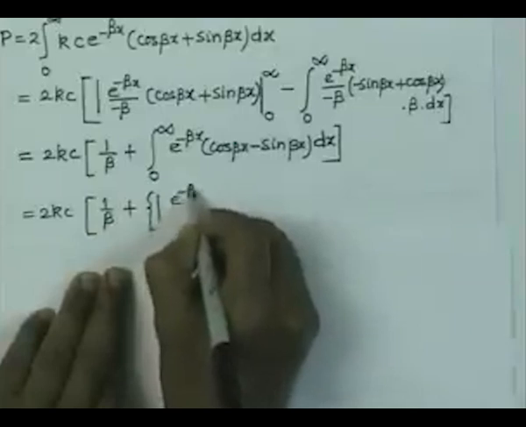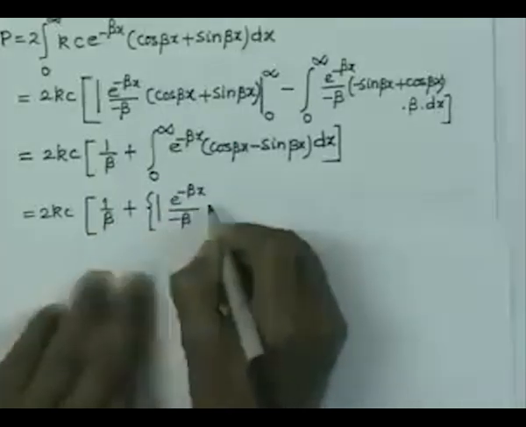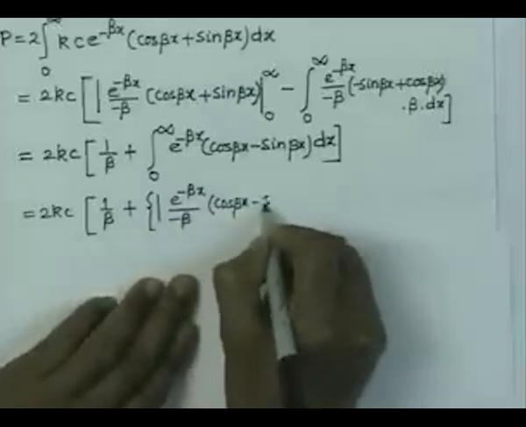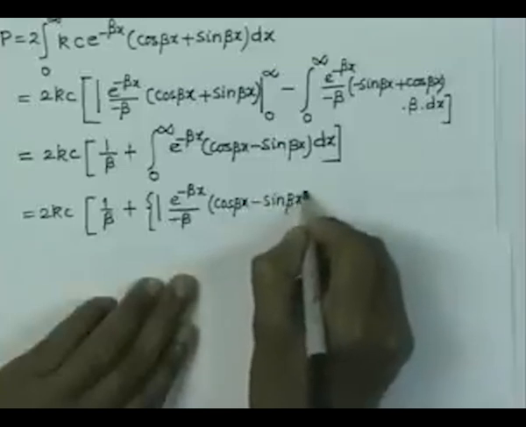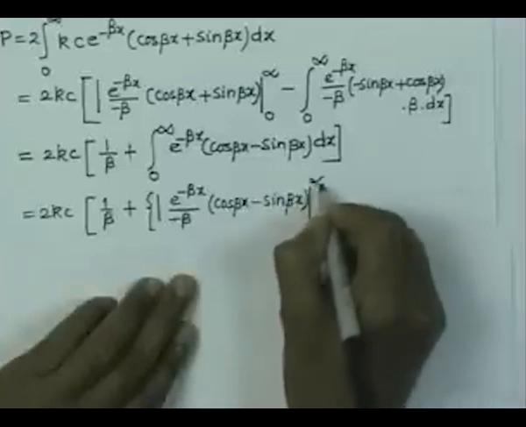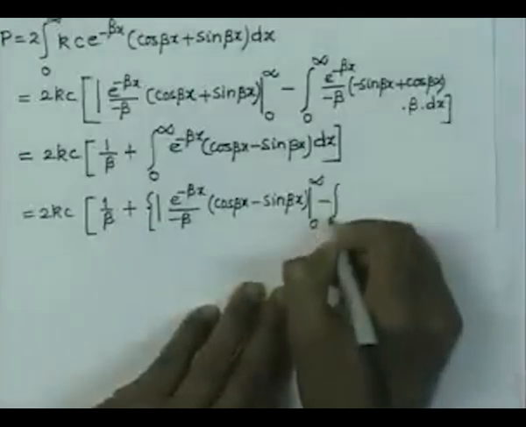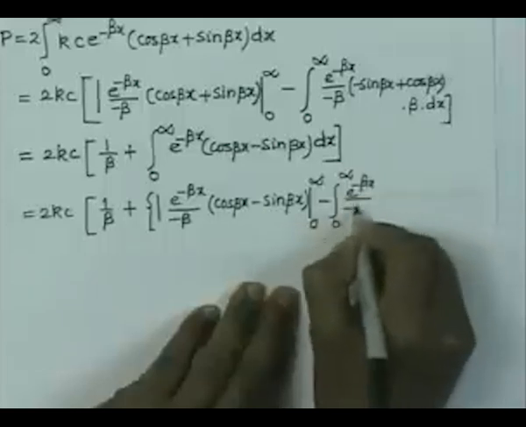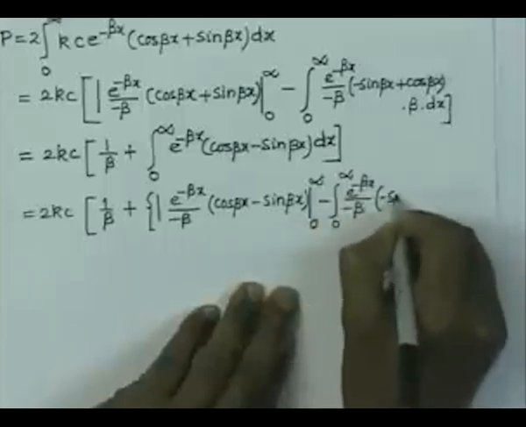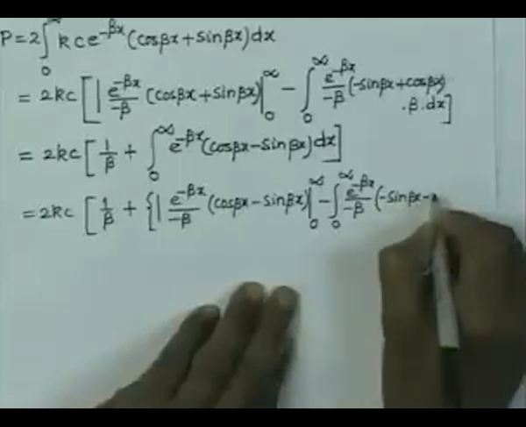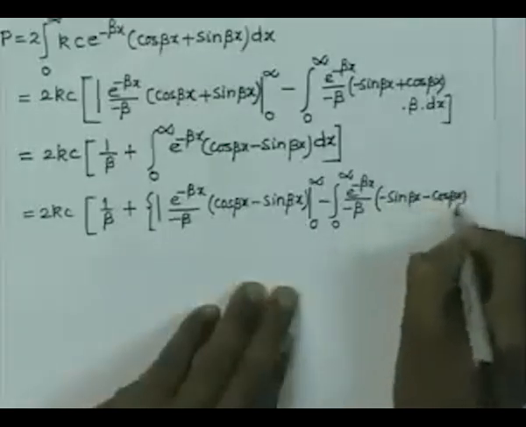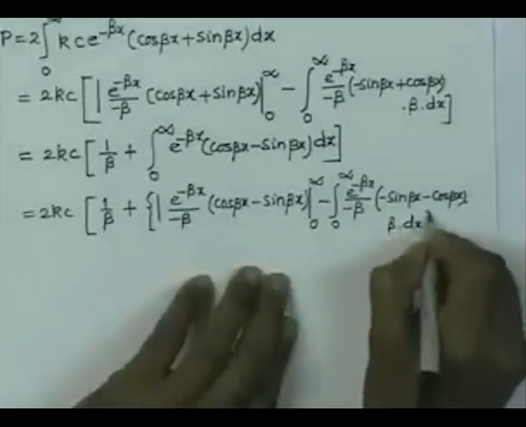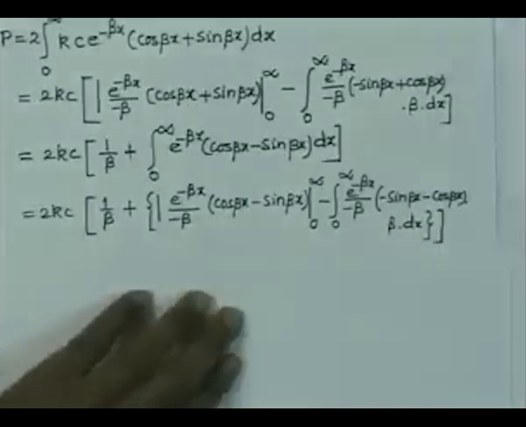So, e to the power minus beta x by beta minus beta, cosine beta x minus sin beta x, 0 to infinity, minus integral 0 to infinity, minus e to the power beta x, minus beta, minus sin beta x minus cosine beta x into beta into dx. So, that is the expression.